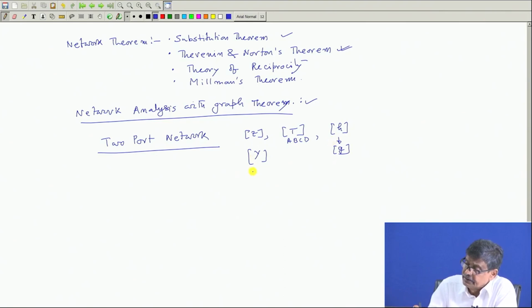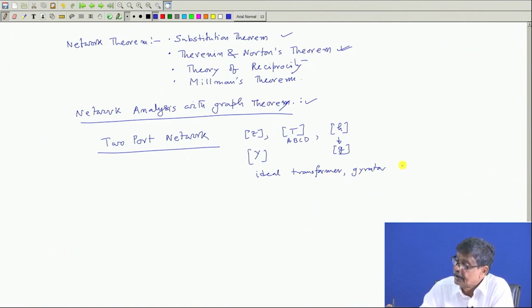Then we considered two important elements, one is called the ideal transformer and the gyrator as two-port networks.